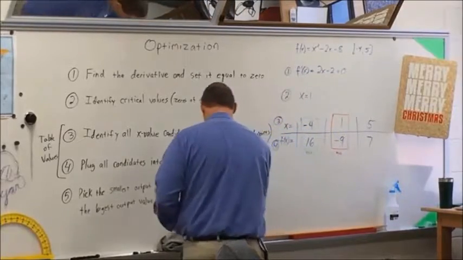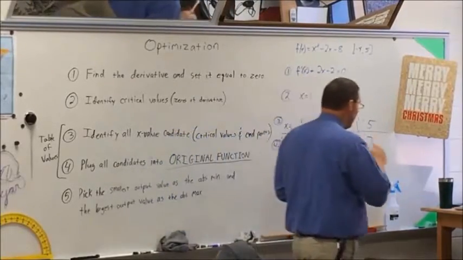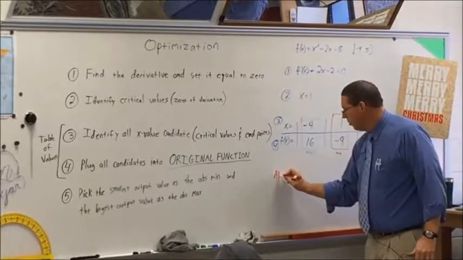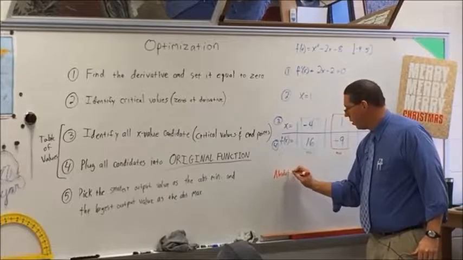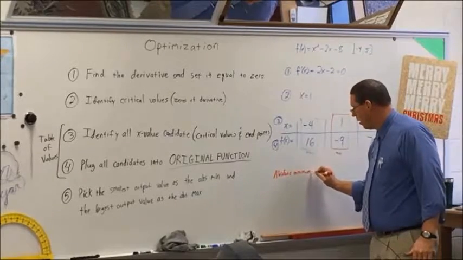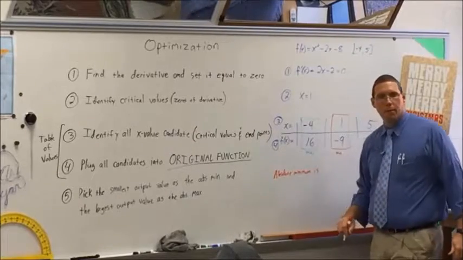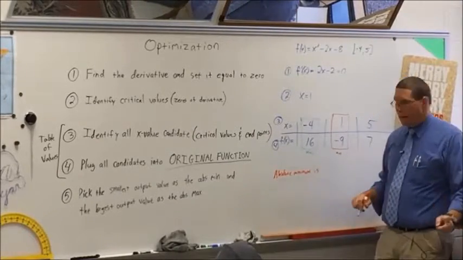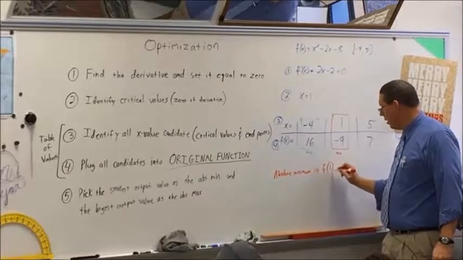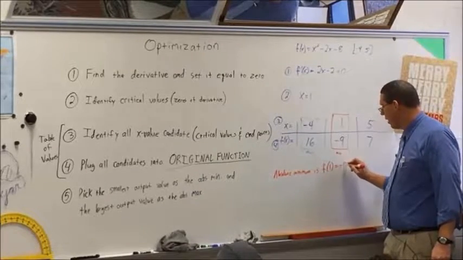I'm going to say that the absolute minimum is f of 1 equals negative 9.